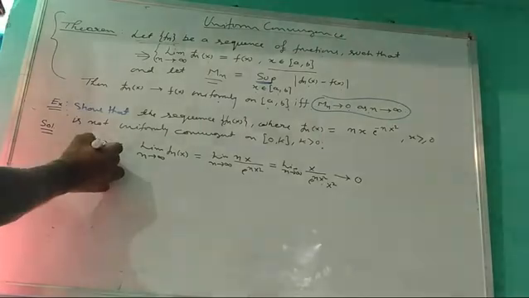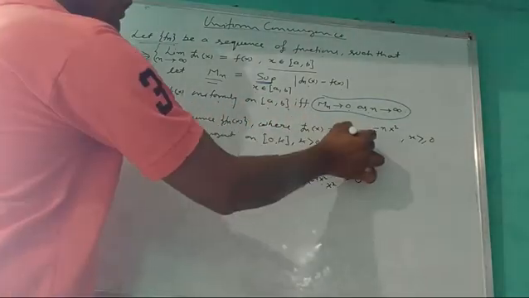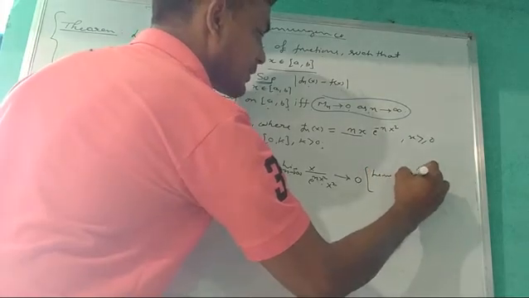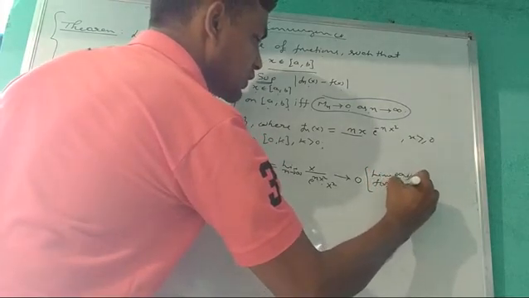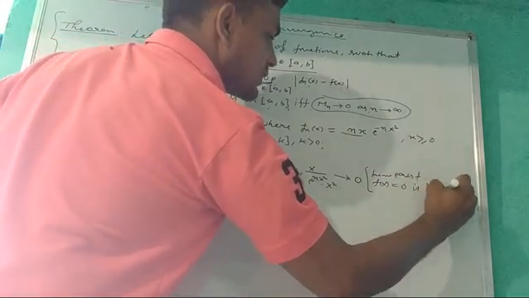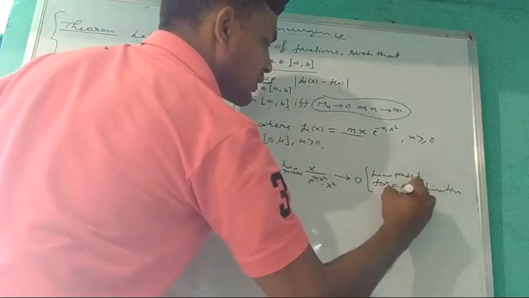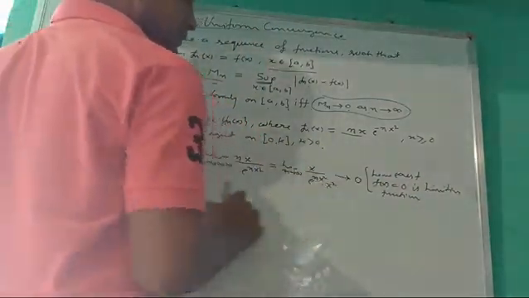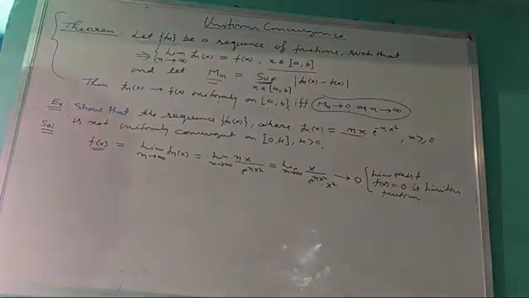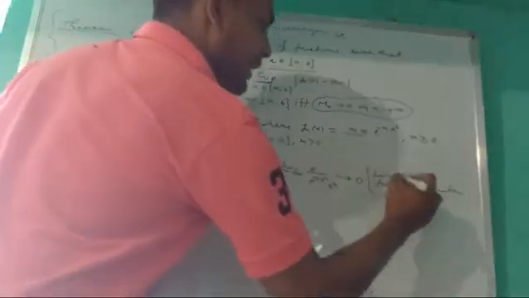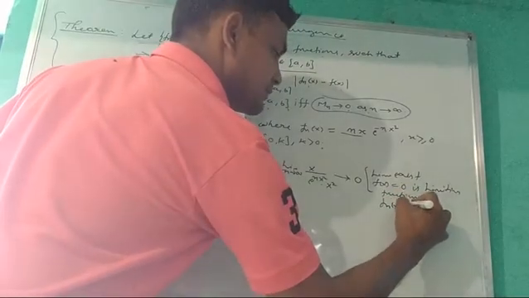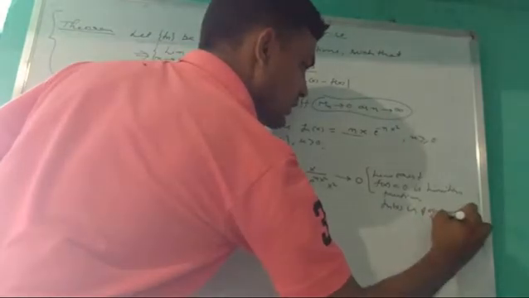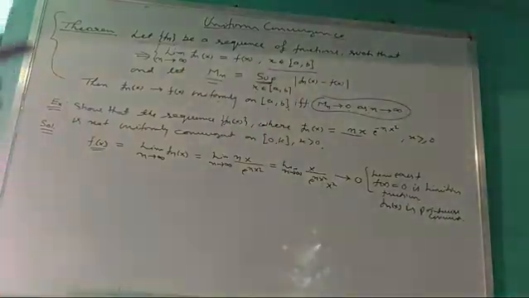It means the limit exists, and this function is pointwise convergent. The limit exists, and f(x) equal to 0 is the limiting function, and fn(x) is pointwise convergent to 0.